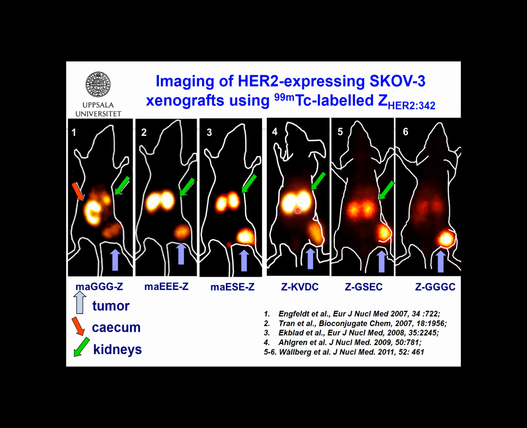We have discussed earlier that by adjusting residualizing properties of the label and overall physical chemical properties of the label, we could suppress, for example, hepatobiliary excretion, suppress retention in kidney, and end up in high contrast imaging. For example, using cysteine or mercaptoacetyl based peptide chelators.